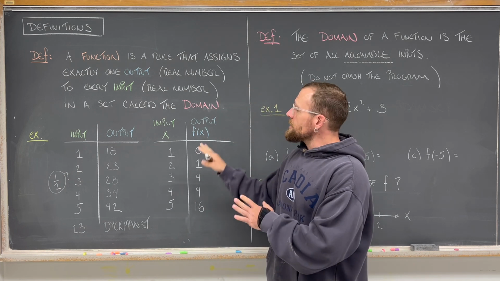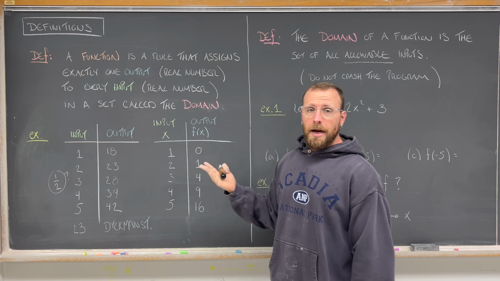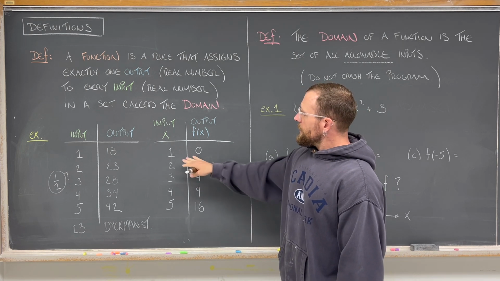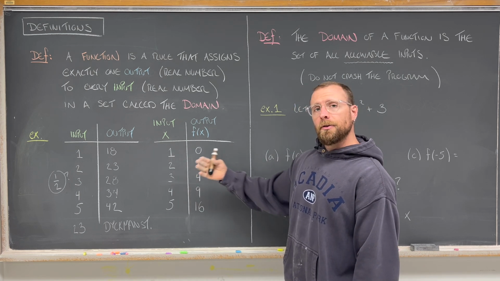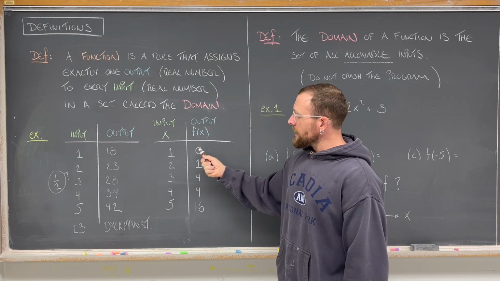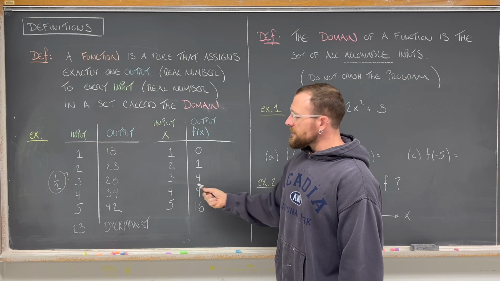Okay, here's a more practical function, one that's closer to what we're actually going to be studying in this class and in calculus. These are the inputs, these are the outputs. I'm trying to figure out the rule that goes from here and produces these numbers. Okay, if 2 goes in, 1 comes out. If 3 goes in, 4 comes out. If 4 goes in, 9 comes out.